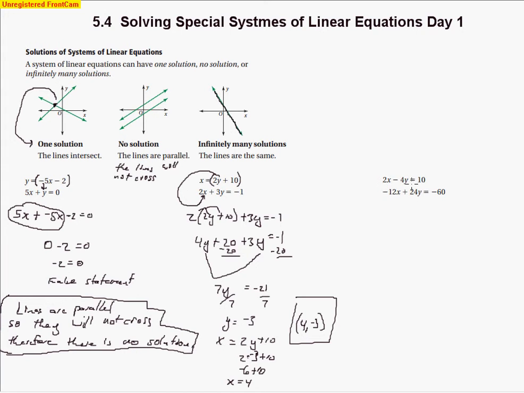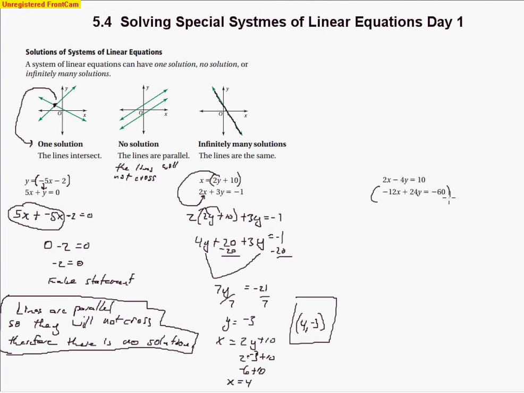You see how the y's, the equal sign, the x's, the 10, and the negative 60 are all in line with one another. So to solve this, I'm going to make these equations equivalent, or at least try to cancel out either the x's or the y's. So when I do that, I see that I could divide this 12, 24, and 60. All of them have a common factor of 6.